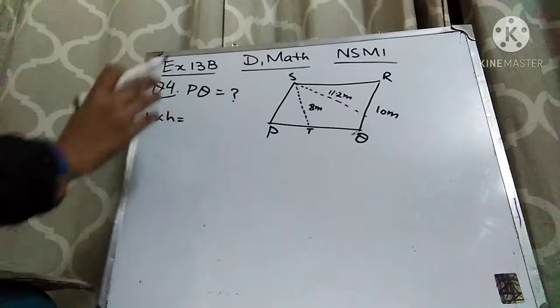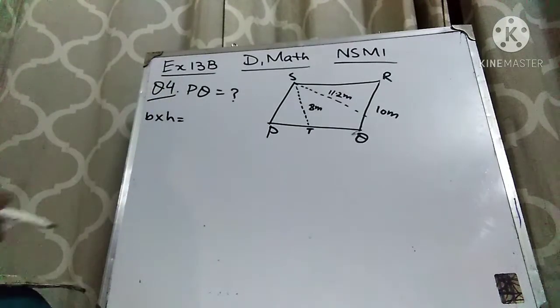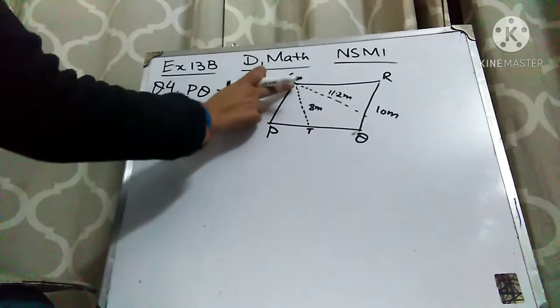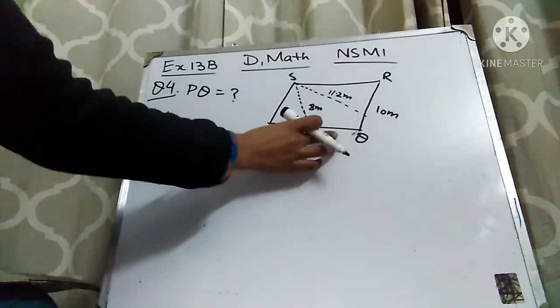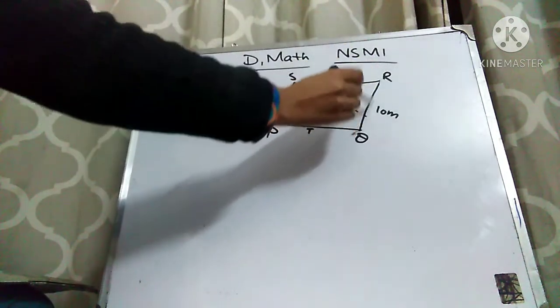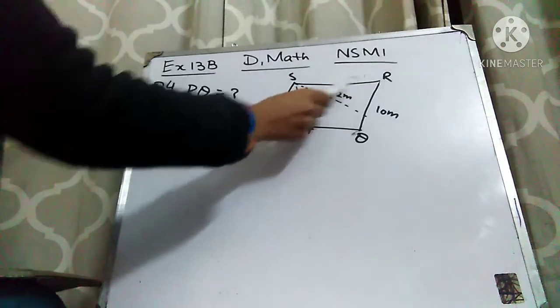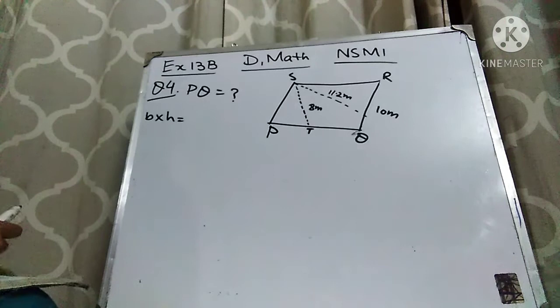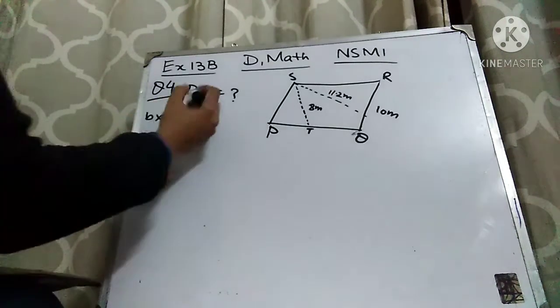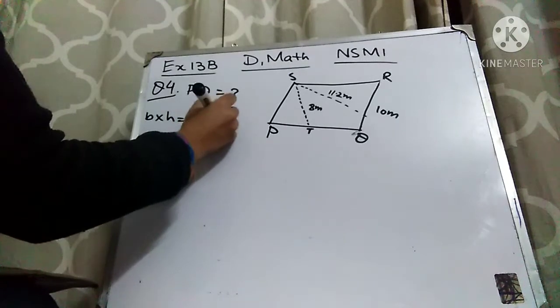This is a baseline because a perpendicular line is drawn on it, and QR is also a baseline because a perpendicular line is also drawn on it. So we have two baselines, so we will use two formulas and they are equal to each other.